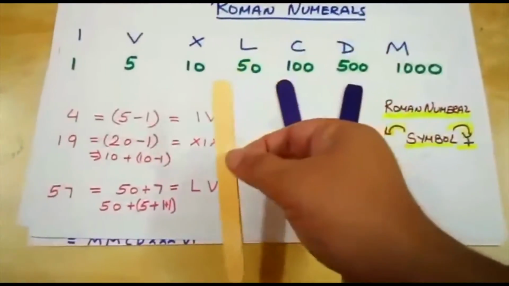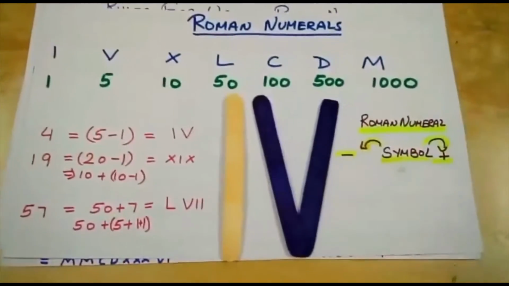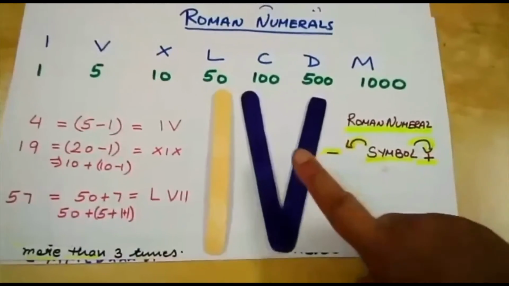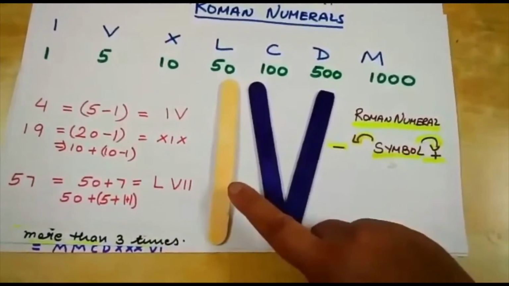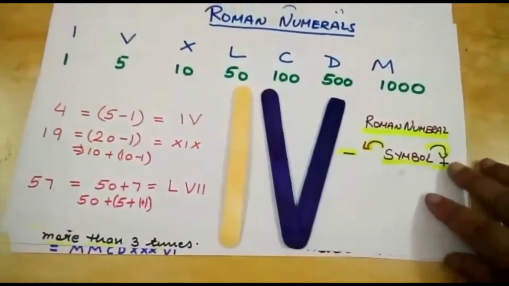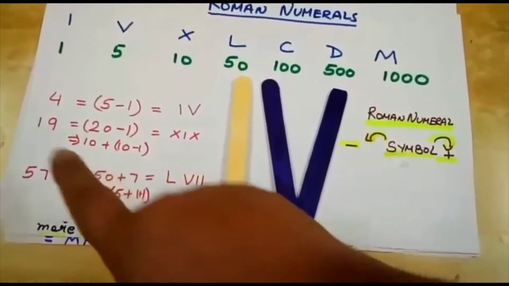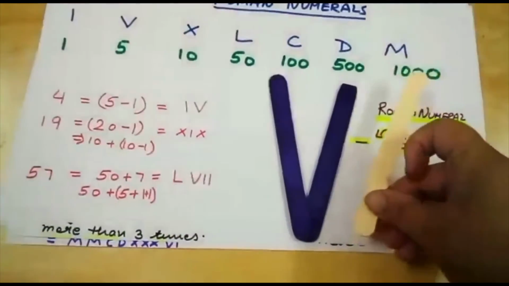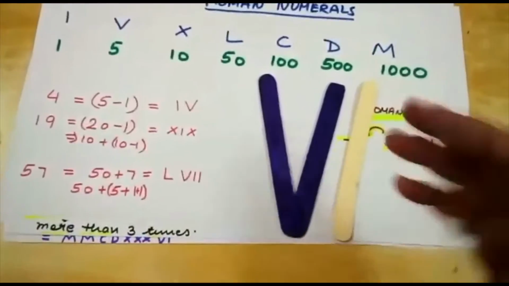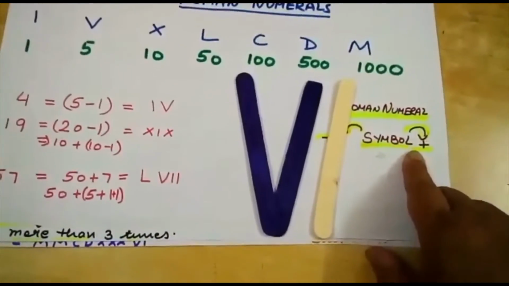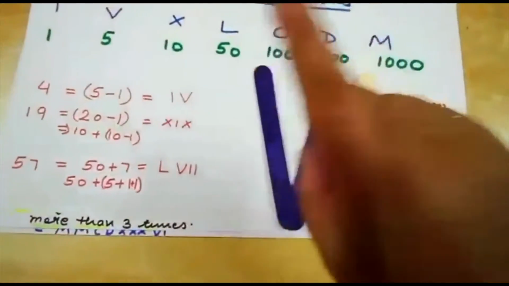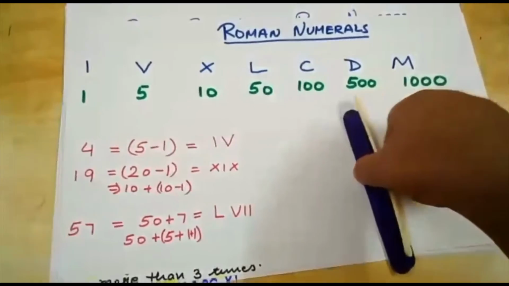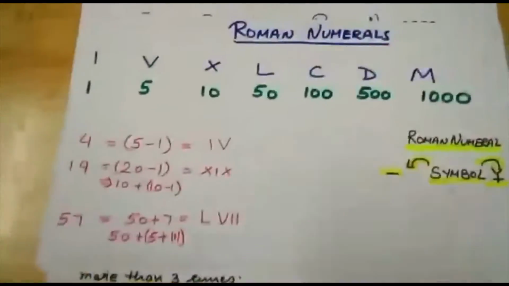Now, if I place the ice cream stick here, what I have to do is subtraction. So 5 minus 1. Why? Because this represents 1. So 5 minus 1, what does it give you? 4. Now, if I keep this ice cream stick at the right hand side, what does it represent? Addition. So 5 plus 1, what will you get? 6. Correct.